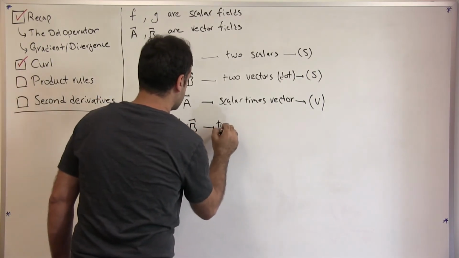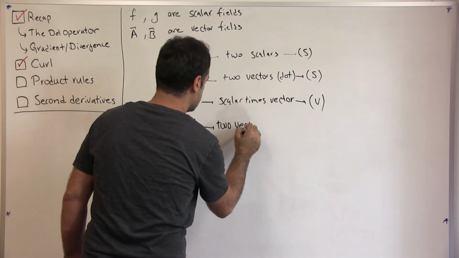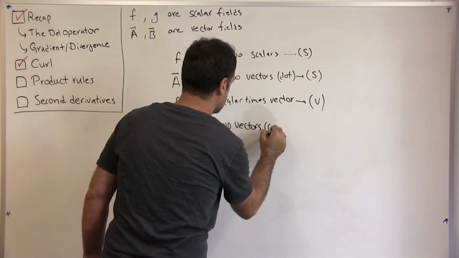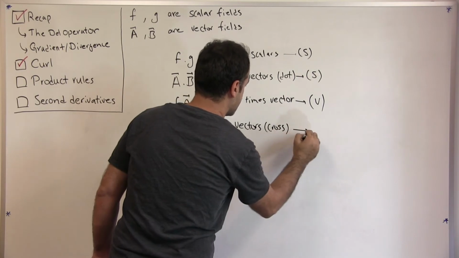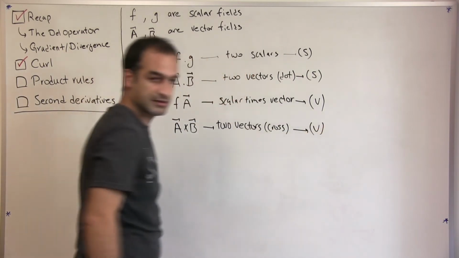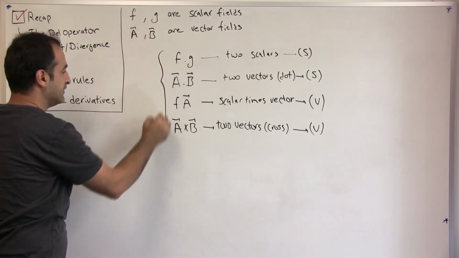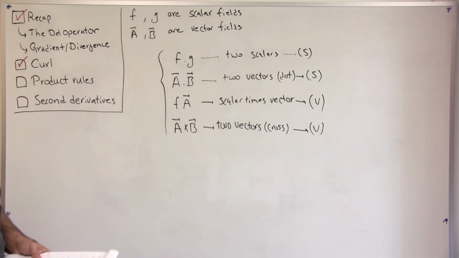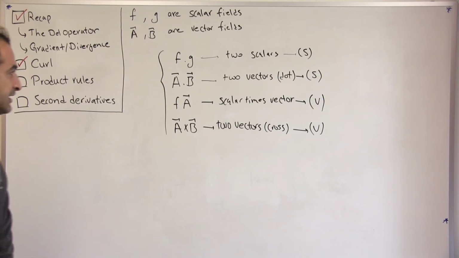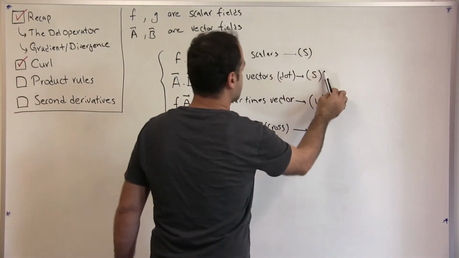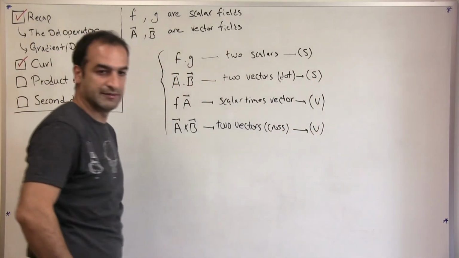So two vectors cross product, and that's going to give me a vector. So there are four different ways we can multiply fields, vector and non-vector. Two of them give me a scalar, and two of them give me a vector.